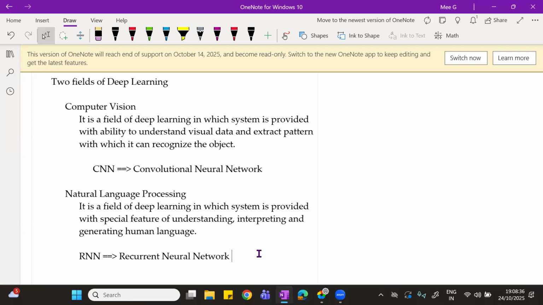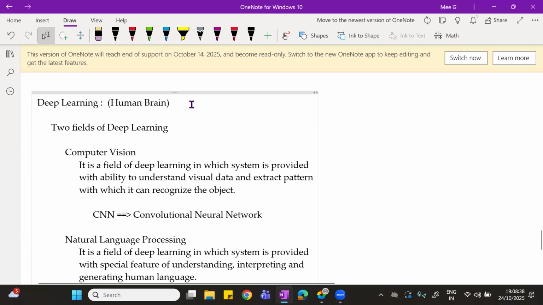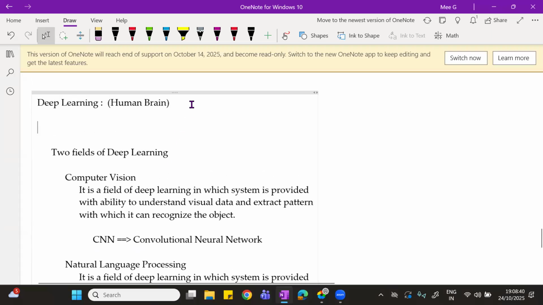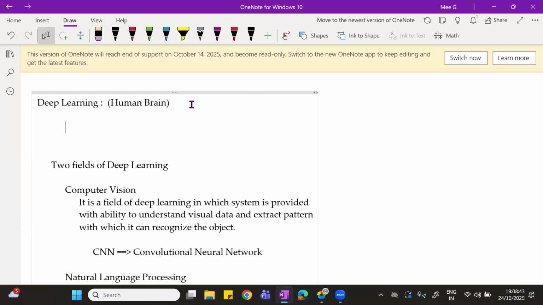Now, how to define deep learning first of all? Deep learning can be defined as a type of artificial intelligence. Machine learning is also a type of artificial intelligence.